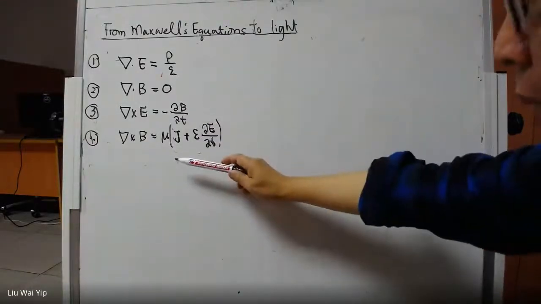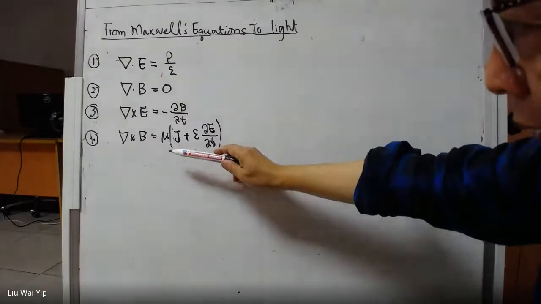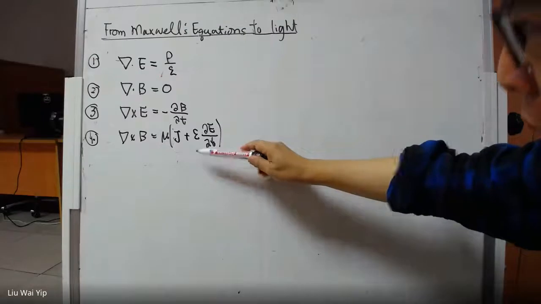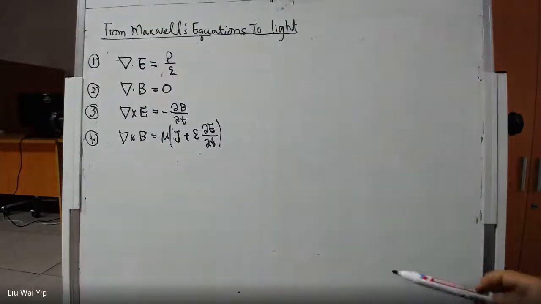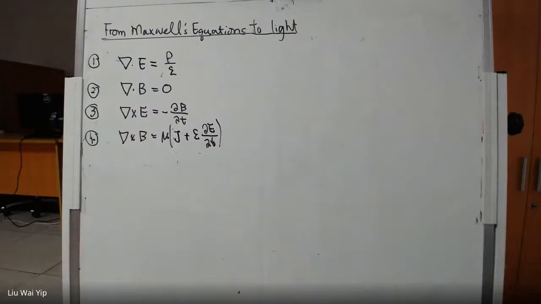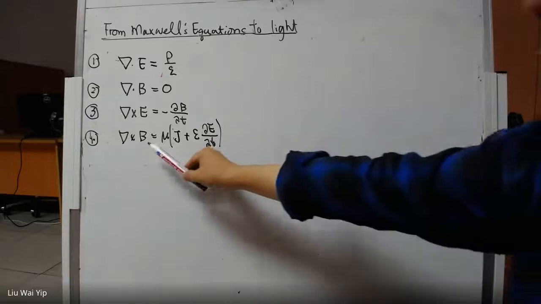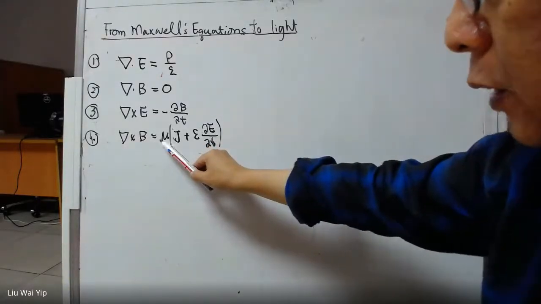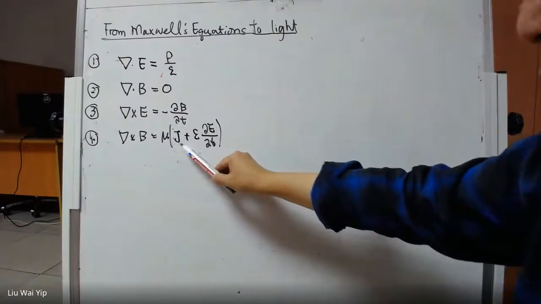The fourth Maxwell equation came from Ampere's law. In this case, the curl of the magnetic field is equal to mu times a current.